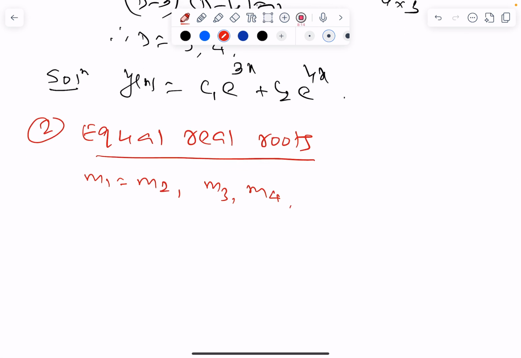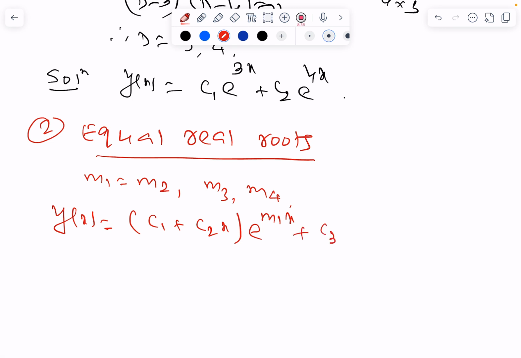Then how to write the solution? The solution is y equal to (c1 plus c2x) e power m1x plus c3 e power m3x plus c4 e power m4x.